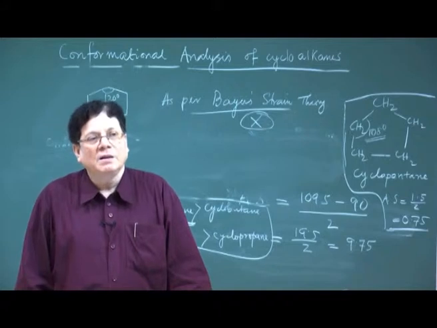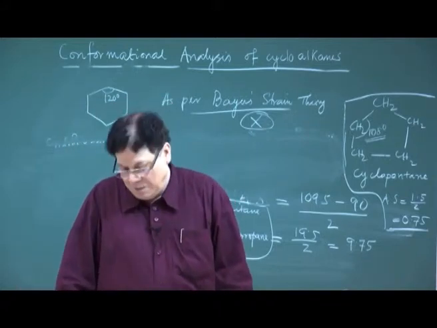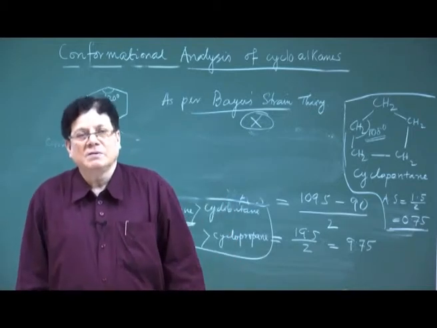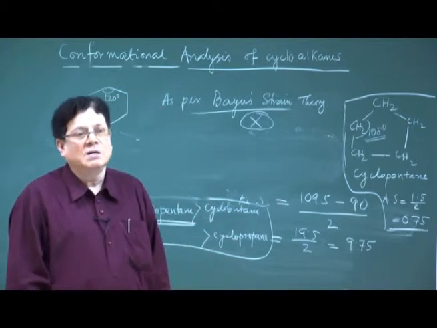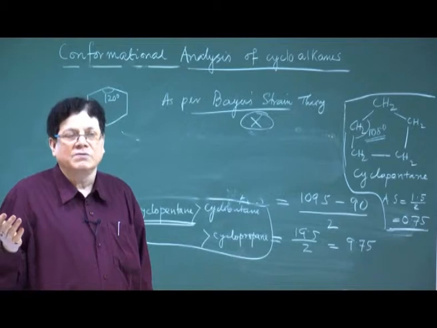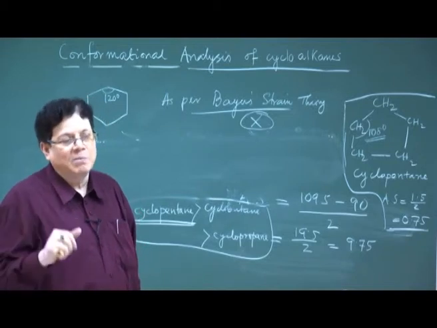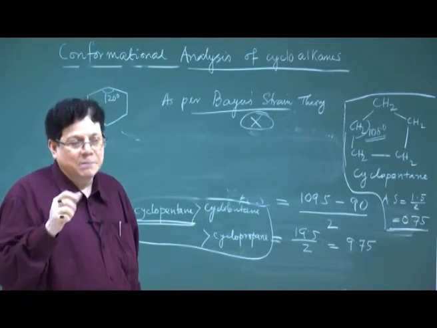That may not be true always, because reactivity is a kinetic factor, is a kinetic issue. So, there may be a compound which is more stable than another compound, but it is more reactive. Okay. So, that may happen, because reactivity depends on the activation barrier of the process.